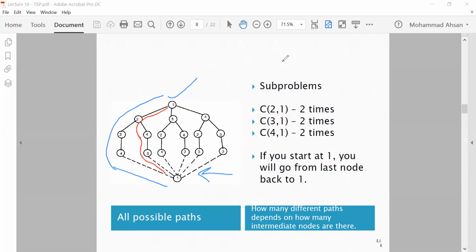Now, how we do it in a bottom-up approach: whichever city you visited last, this is the last level.